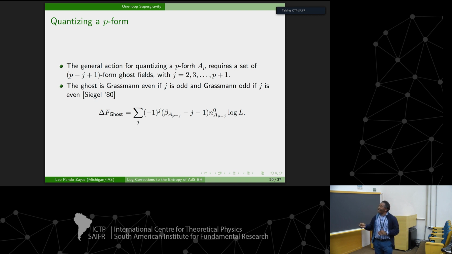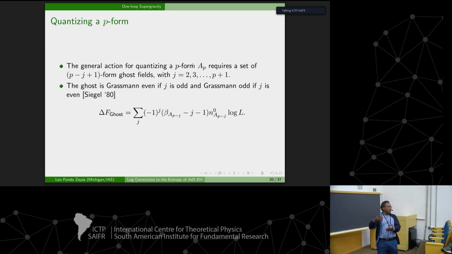Now, there are no zero modes in the graviton in 11 dimensions around this background. So I only need to really worry about quantizing a p-form. So this is general for a p-form. We are interested in the 3-form of 11-dimensional supergravity. This is a very beautiful paper by Siegel in the 80s. It's called Ghost of Ghost or something like that. But essentially, if you have a p-form and you want to do a quantum theory, you need to fix some gauge.